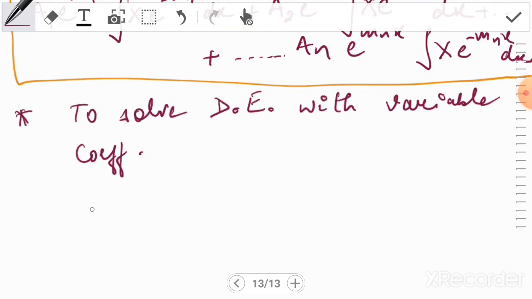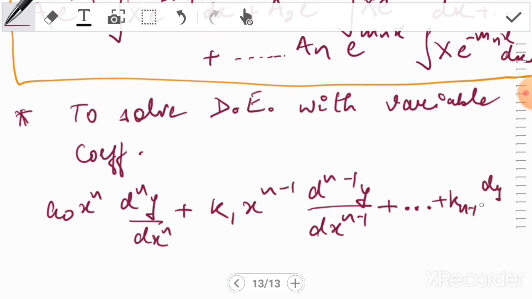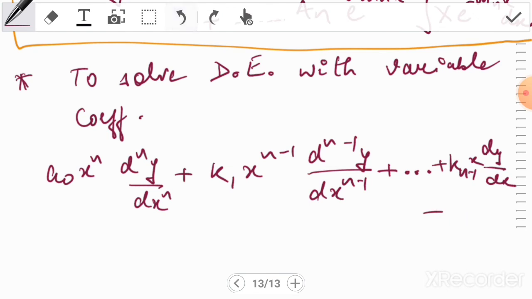So a differential equation of the form a naught x raised to the power n d^n y by dx^n plus k1 x^(n minus 1) d^(n minus 1) y by dx^(n minus 1) plus ... plus k(n minus 1) dy by dx plus kn y is equal to some function of x.